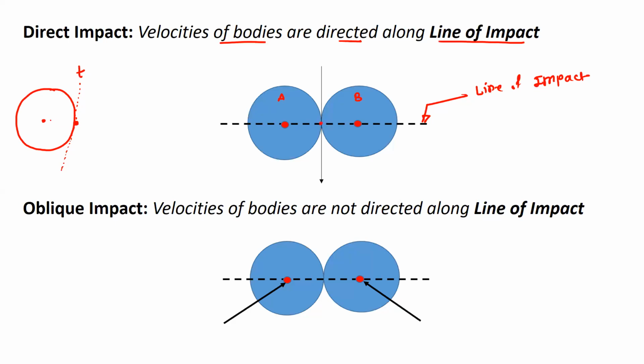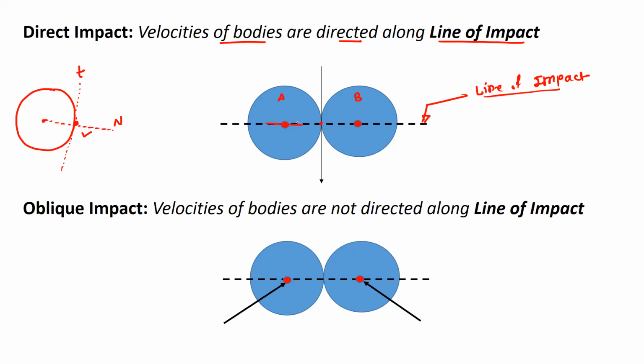If you draw the perpendicular to the tangent, it will become the normal. So the line of impact is the imaginary line that joins the common normal at the contact point. If the velocities of the two bodies are directed along the line of impact, it is called a direct impact.